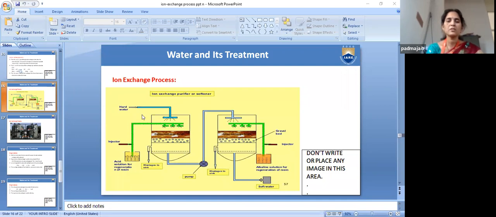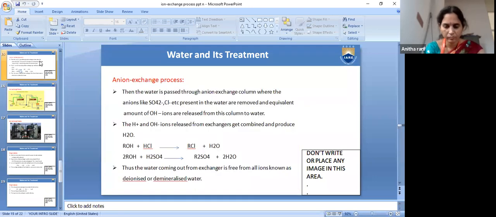We are passing water through the cation exchanger bed. What are you removing here? Anybody? Students? What is the process in the cation exchanger bed? When we are passing hard water through the cation exchanger bed, what happens? Nobody?